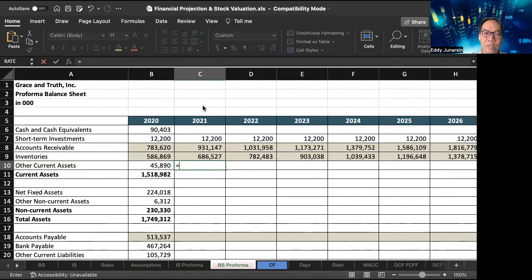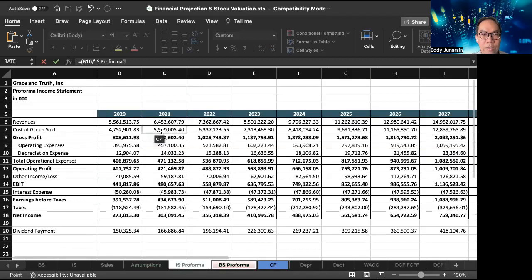For example, if you want to use the percentage of sales method, you could here in 2020, the ratio is, maybe I go back here, other current assets in 2020 divided by sales in 2020, times the sales in 2021.